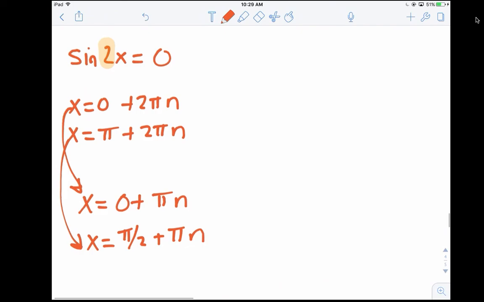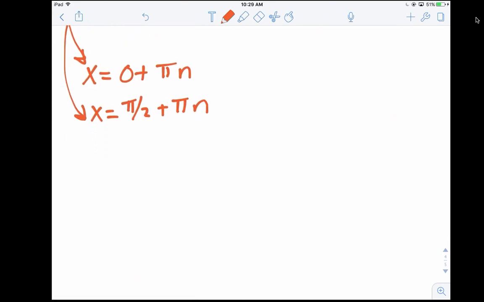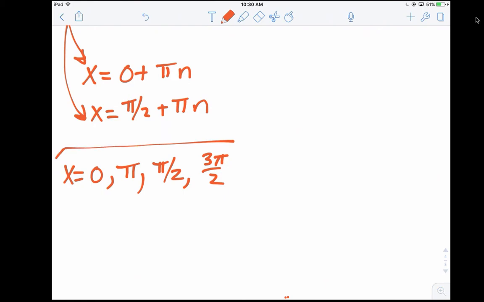Right, now to come up with your particular ones, it would be x equals 0. 0 plus pi is pi. Pi plus another pi is 2 pi, but that's not in our interval. Then the other one would be pi over 2, plus 1 pi would be 3 pi over 2. Okay, so those are your first 4 solutions.